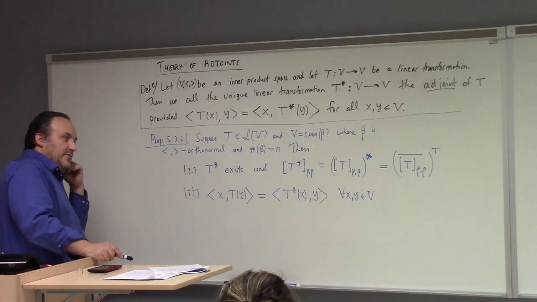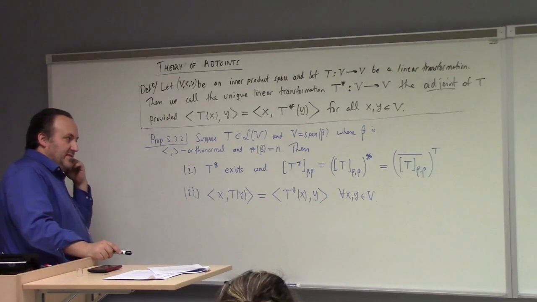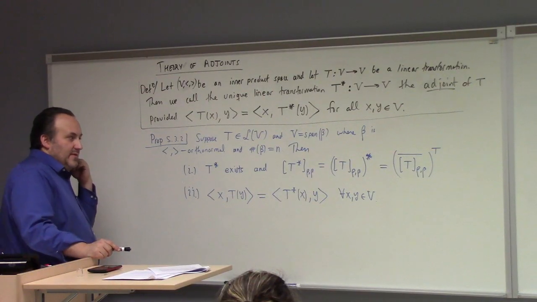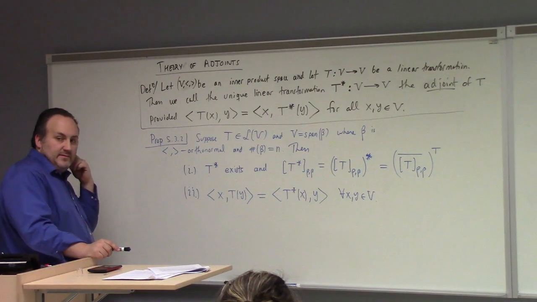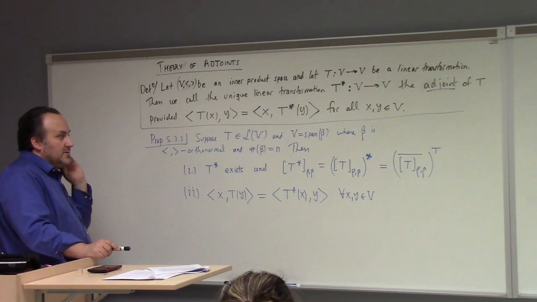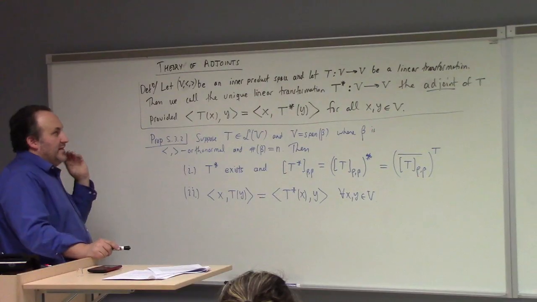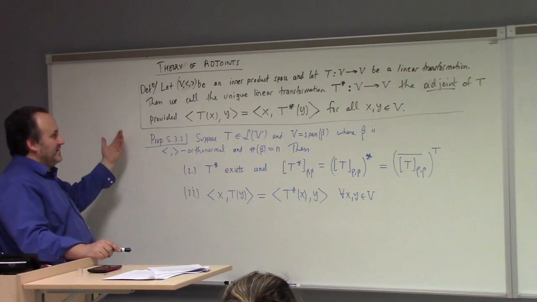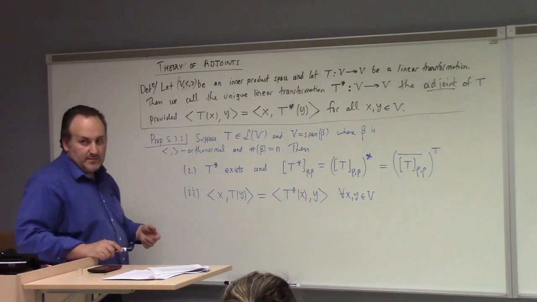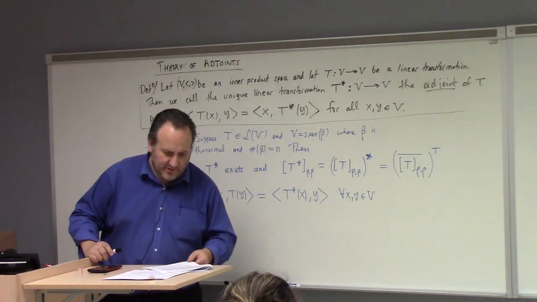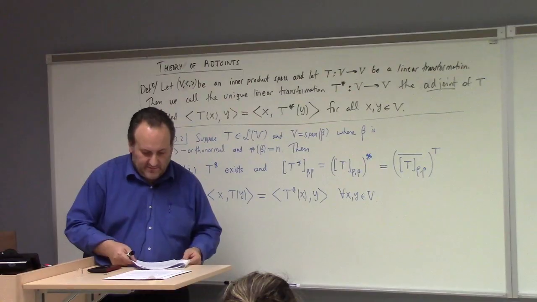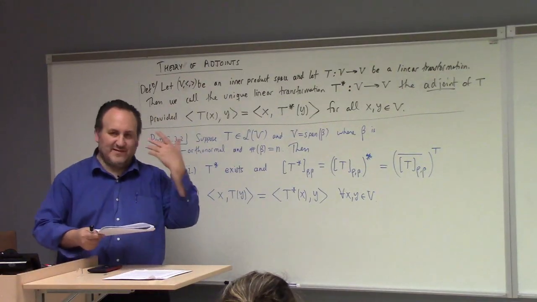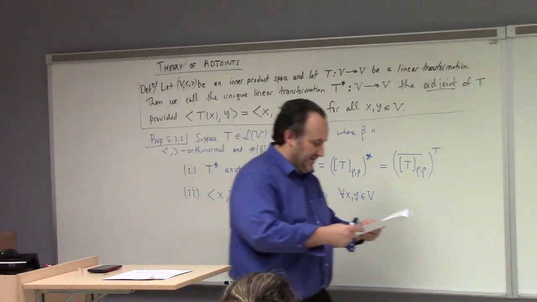If the basis is not orthonormal, then there's no guarantee that the matrix of the adjoint and the matrix of T are in any nice way related. So it must be an orthonormal basis. As to the existence of the adjoint, yes, it exists for a finite dimensional inner product space. The calculations to support that are essentially at the start of the section, so let's return to those and try to understand them.